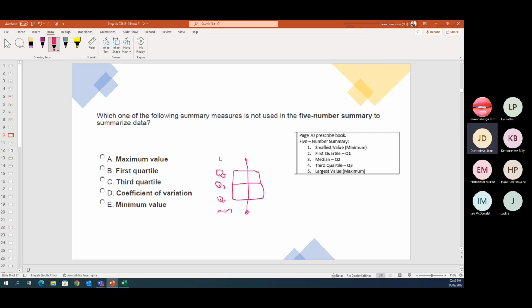Just to see it in the diagram as well, your minimum value, Q1, Q2, Q3, and your maximum.